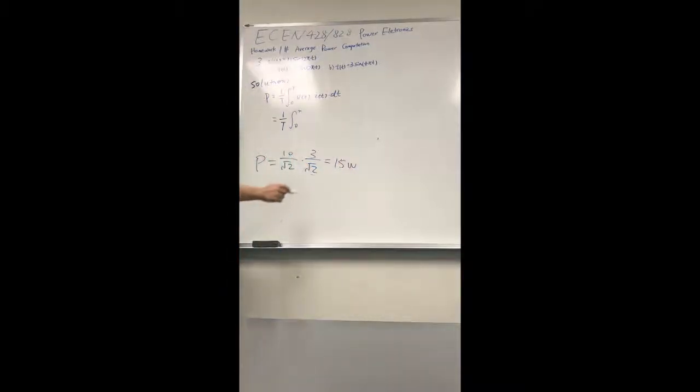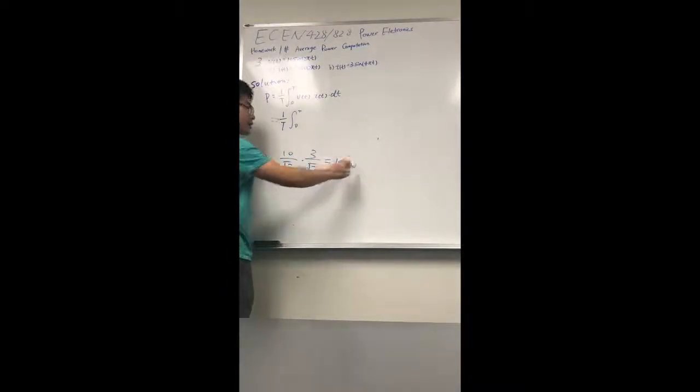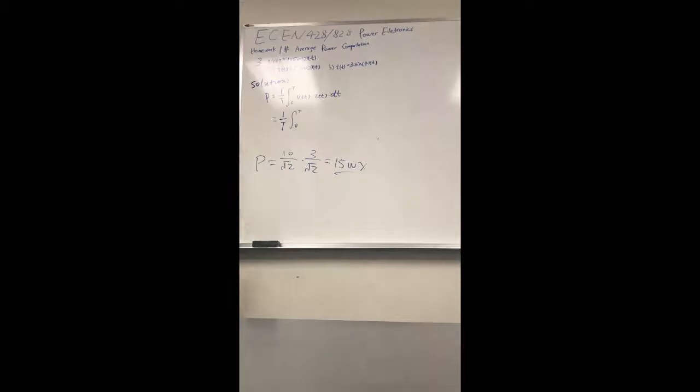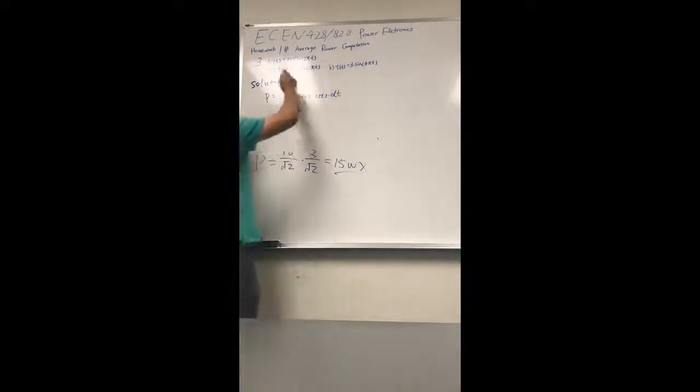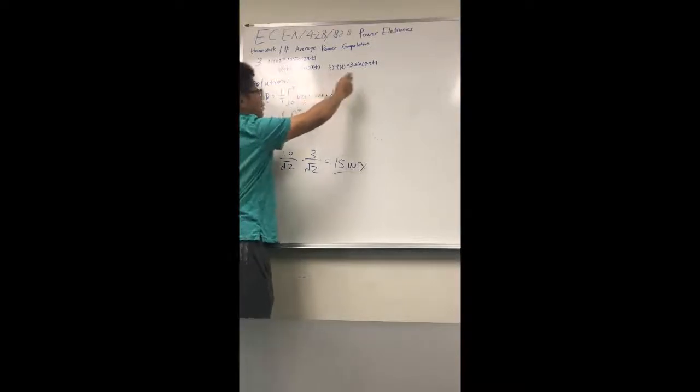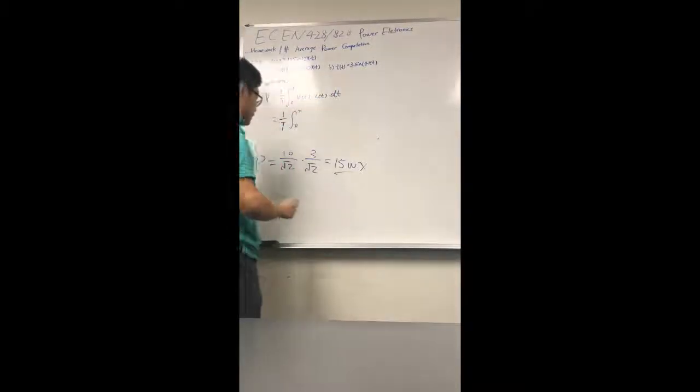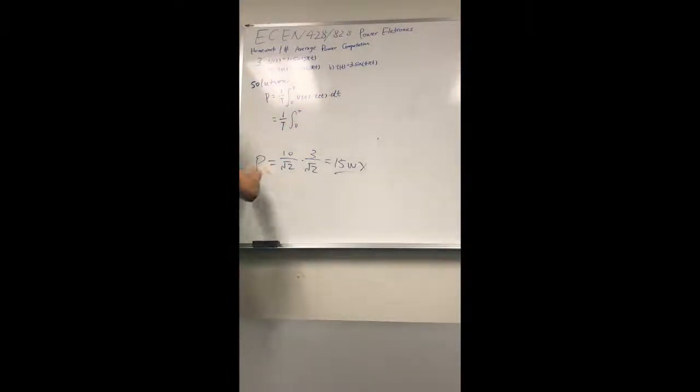Many students got 15 watts, but this is not the correct answer. This is because the frequency of the voltage and current are not the same. So we cannot use this equation.